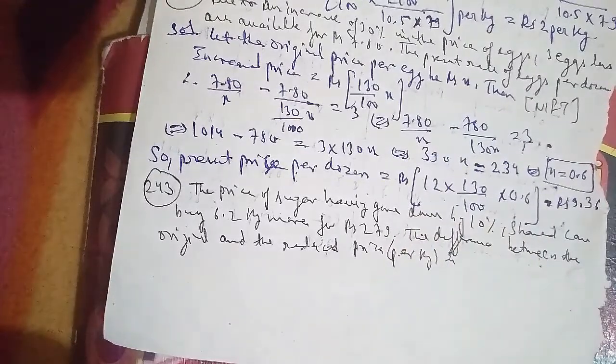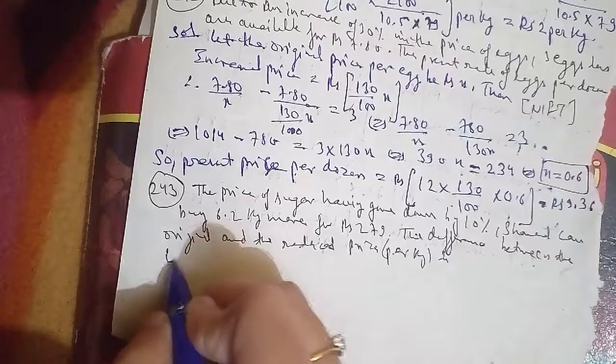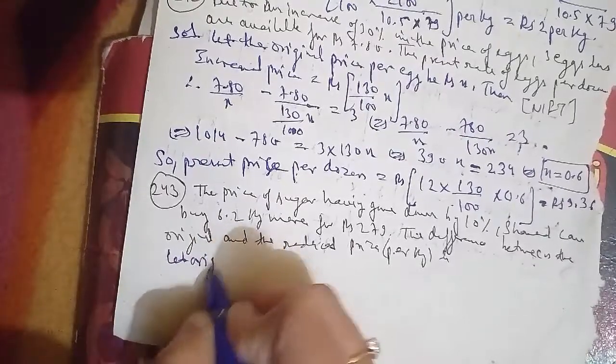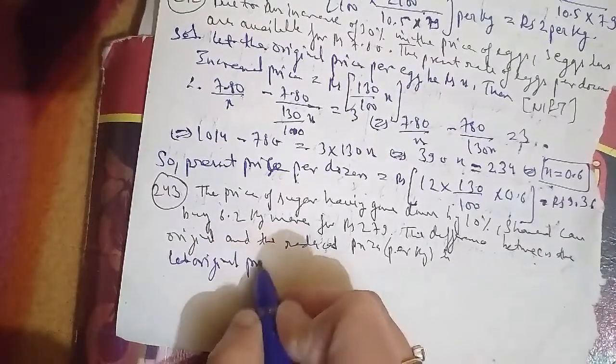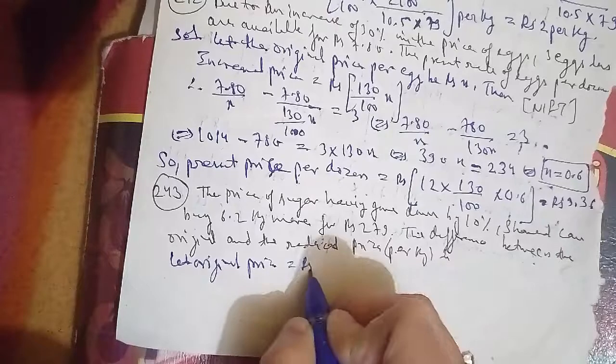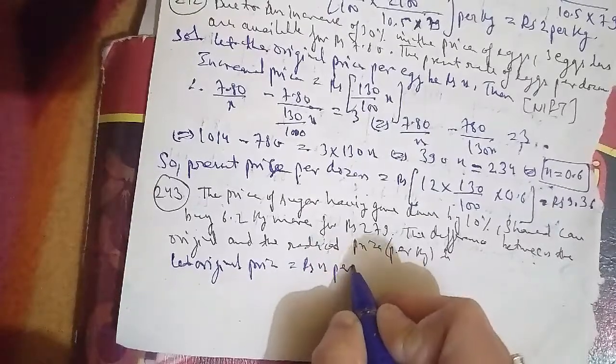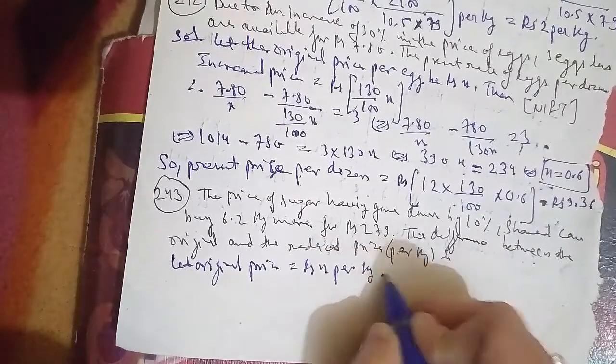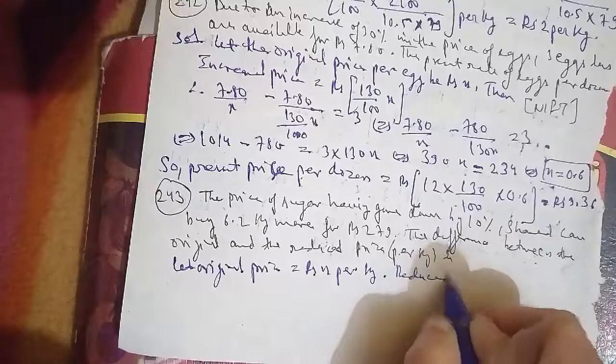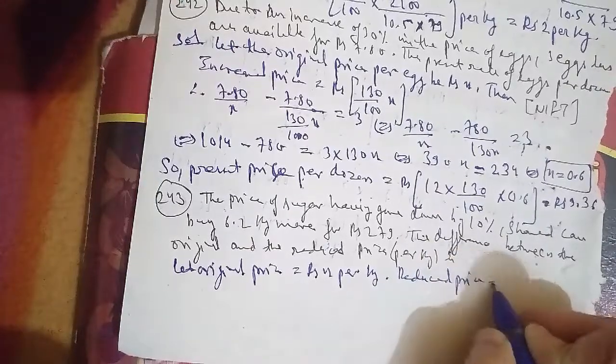So 279 upon 90x upon 100, minus 279 upon x equals 6.2. That is 27900 upon 90x minus 279 upon x equals 6.2.